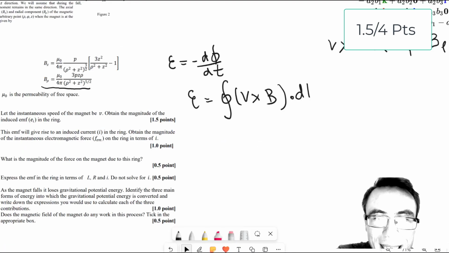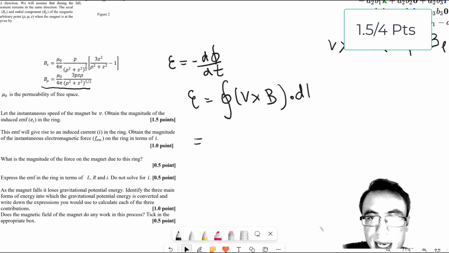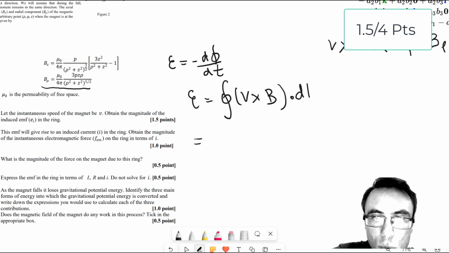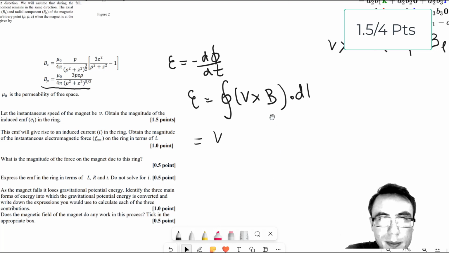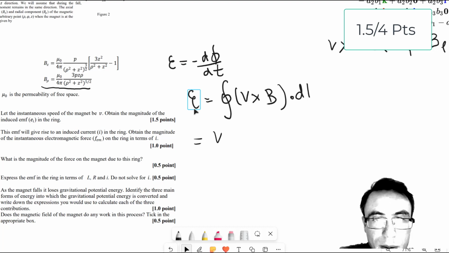And this integral here will then be equal to the speed v multiplied by the magnetic field evaluated at radius a, because that's the radius of the ring. So what is that going to be?